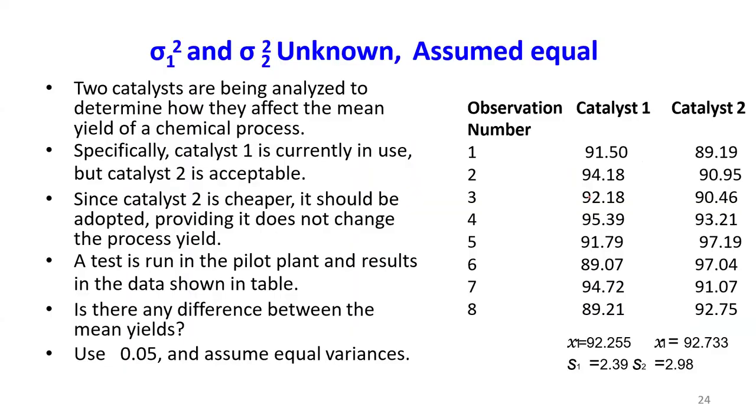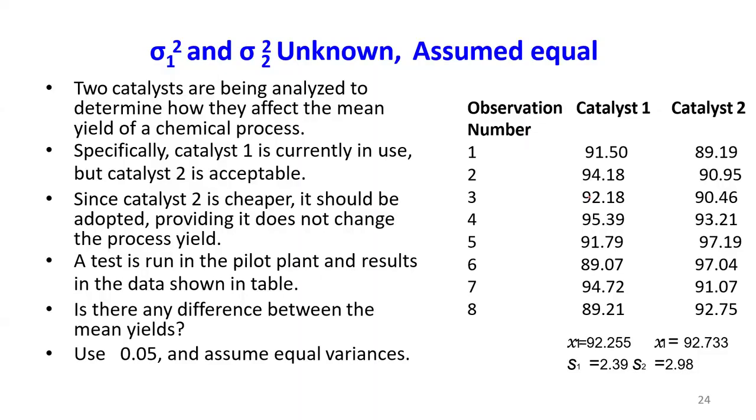So for example, now you have these two samples, catalyst 1 and catalyst 2. The two catalysts are being analyzed to determine how they affect the mean yield of the chemical process. What is a catalyst? Basically, we add a catalyst to expedite the process.